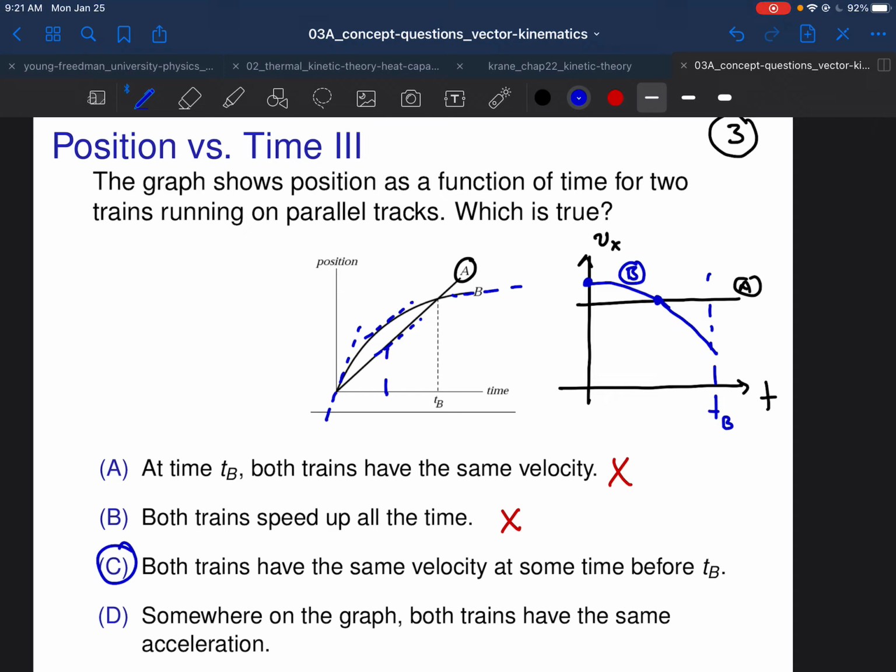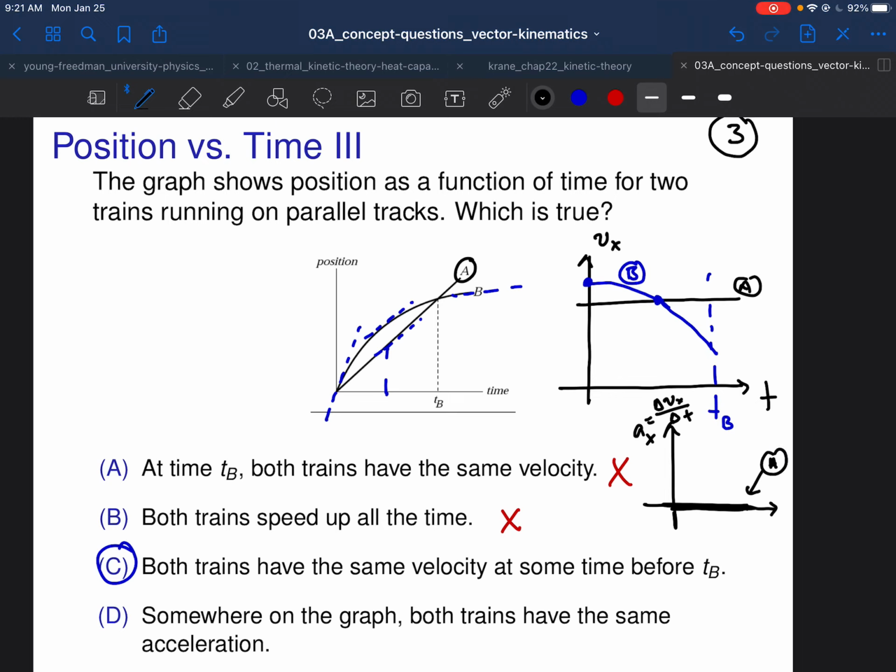Somewhere in the graph, both trains have the same acceleration. Well, how do we find acceleration? Acceleration, a sub x, well, acceleration is delta vx over delta t. So it's the slope of the velocity graph. Well, what's the slope of the velocity graph for A? Well, that one is just zero at all time.